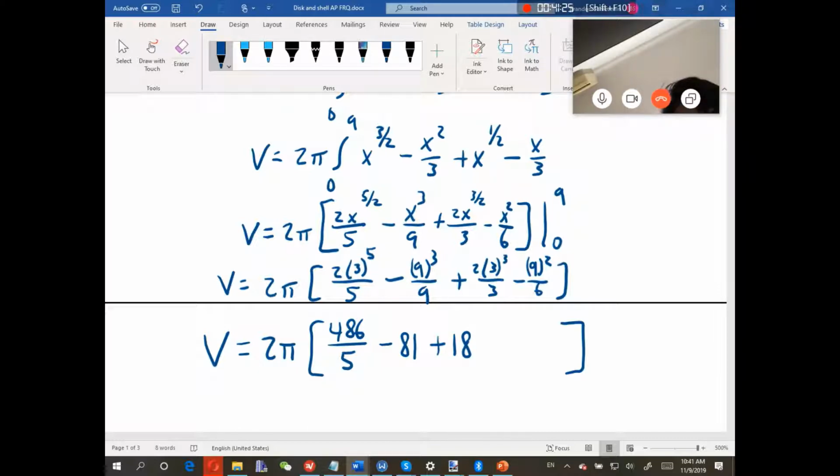Then I've got 9 squared, so that's 81 over 6, but I can reduce that. So what would 81 over 6 reduce to? 27 over 2. Okay, perfect.